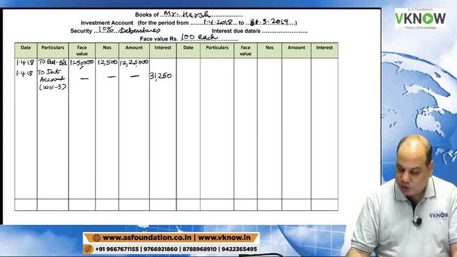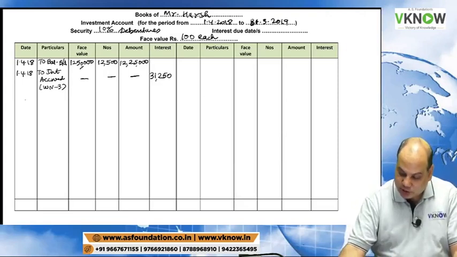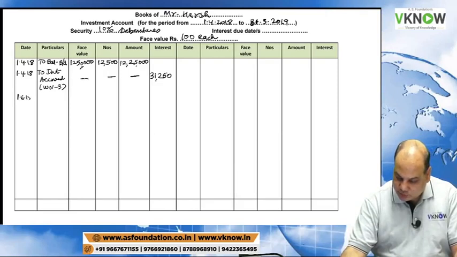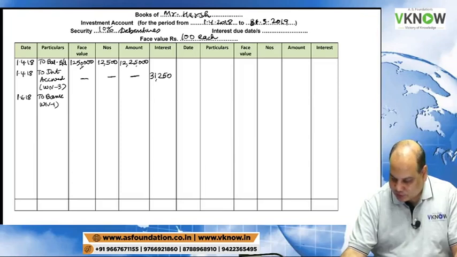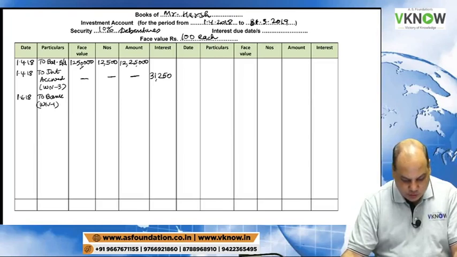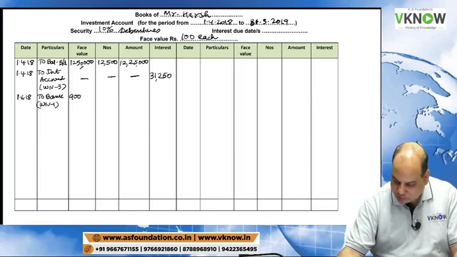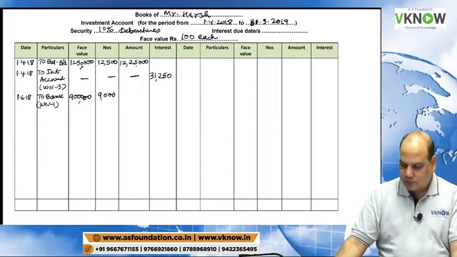Now next we will write the purchases made on the debit side. 1,618 to bank. Working note 1. Purchases made on 1st June, face value was 9 lakh. Number was 9,000.